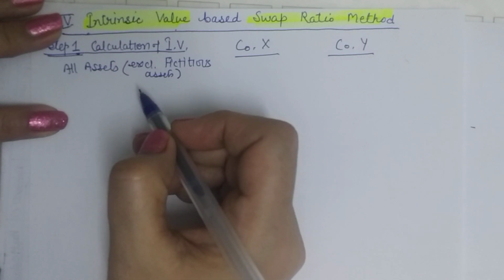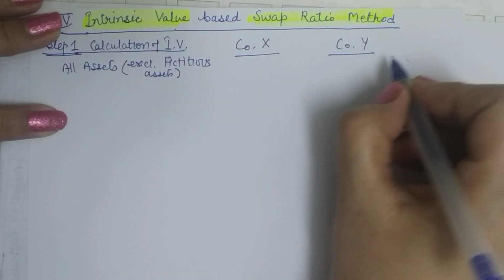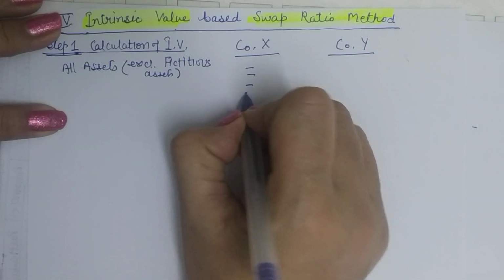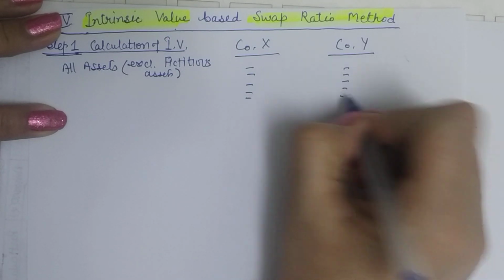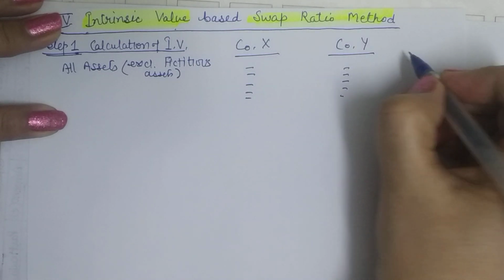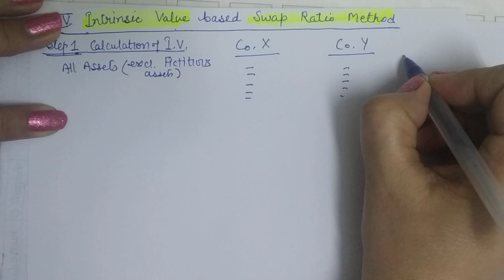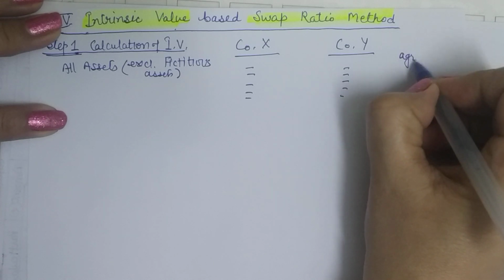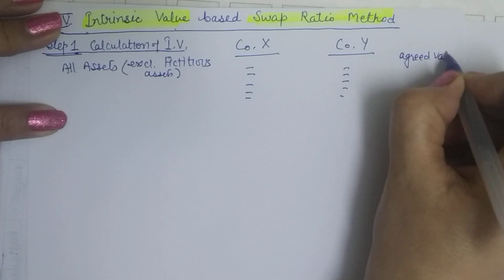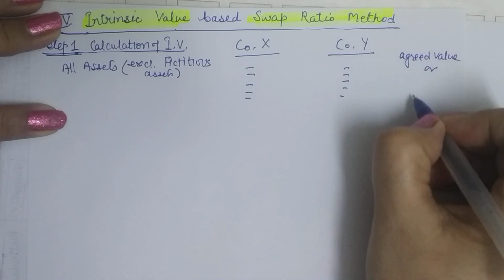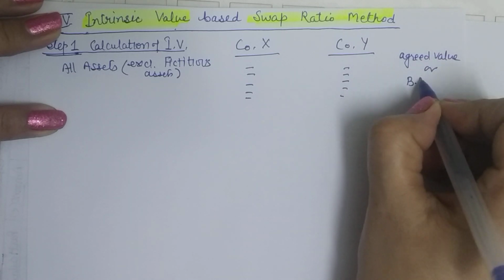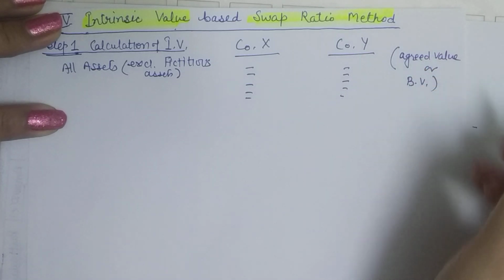Now while recording the assets, you will be taking all the assets one by one. These are taken at agreed value, that is their market value, or the book value. If market value is not given, then we take the book value.